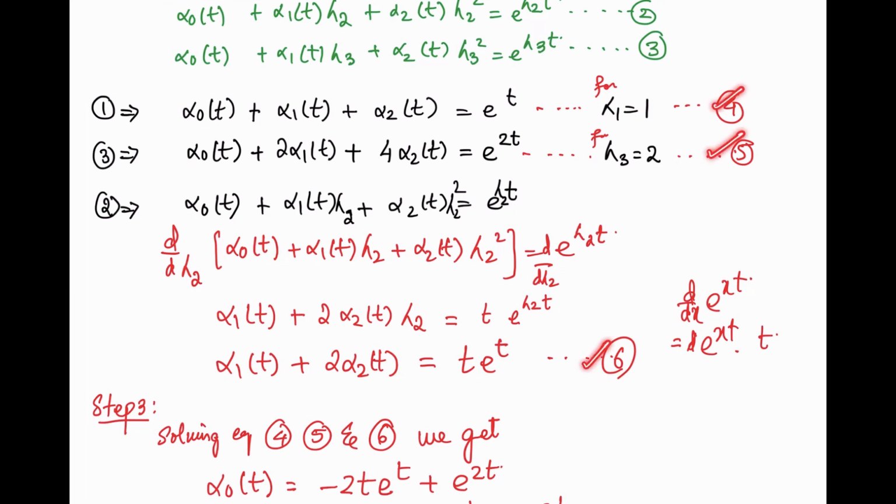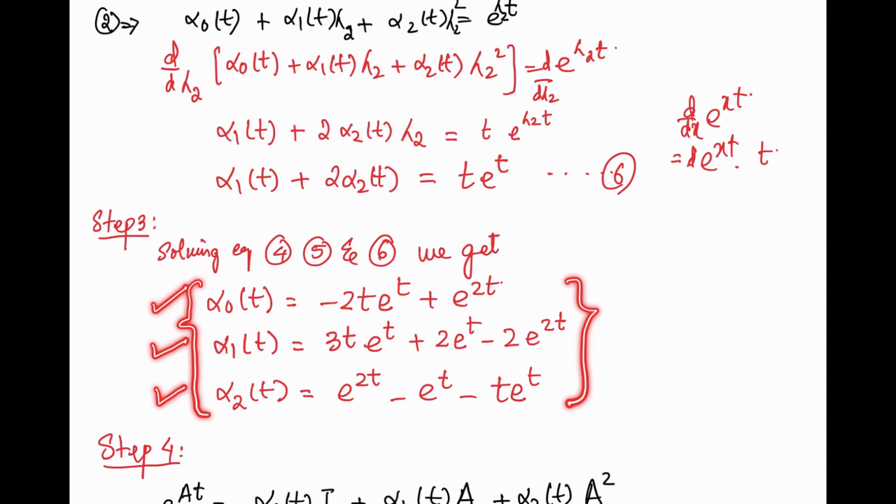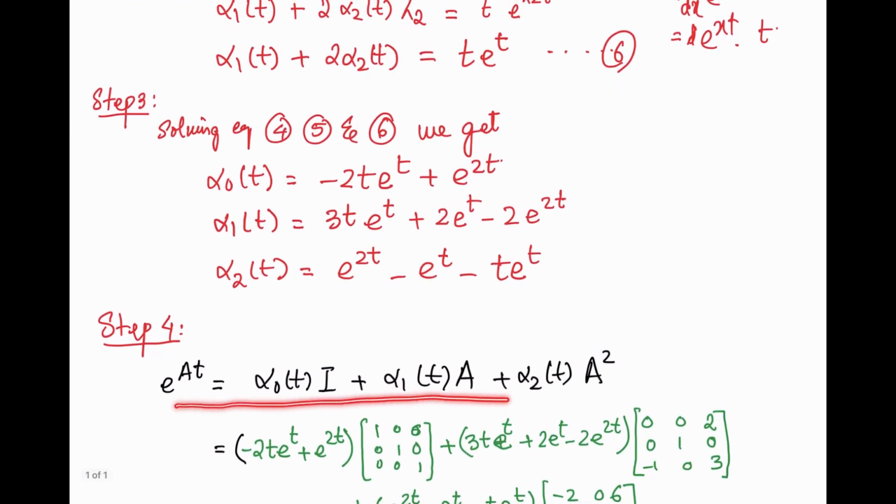Now you are going to solve these equations. Solving these equations, you will get alpha naught, alpha 1 and alpha 2, so you will obtain these expressions for each of them. Once you obtain these, you are going to obtain the state transition matrix with the help of this equation: alpha naught times the identity matrix, alpha 1 times the matrix A, alpha 2 times the square of this matrix, and so on.